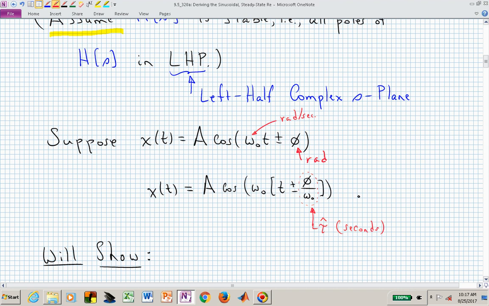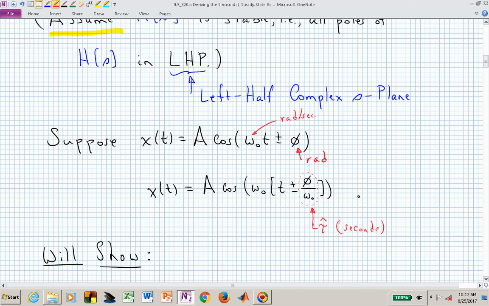You can't be adding or subtracting radians and degrees, that's not going to give you the correct answer. So if you have a degree value for your phase angle phi, which is common, then if you are computing that, make sure you convert that back to radians before you combine that with omega naught t.